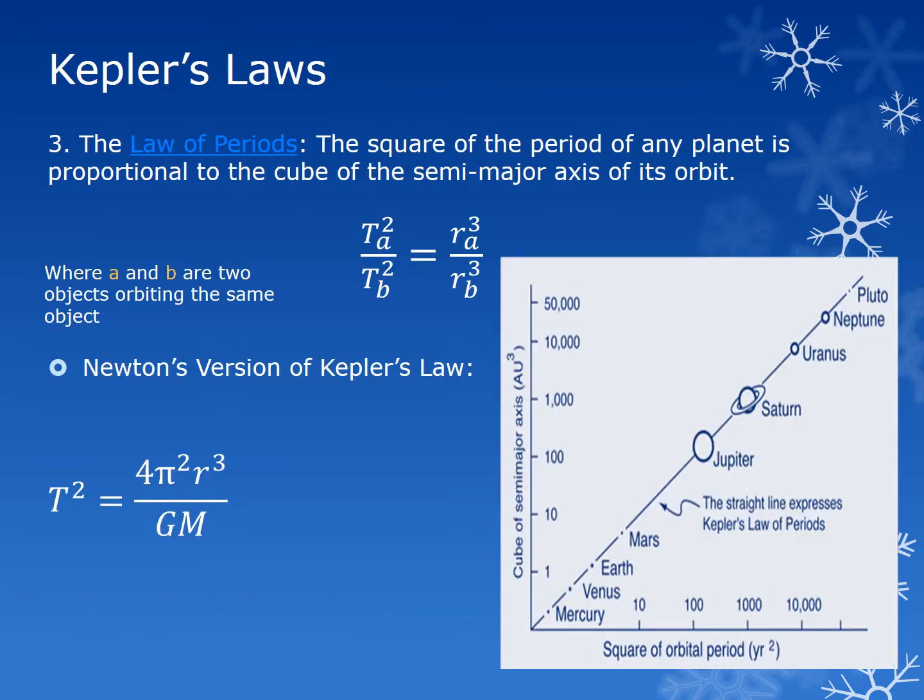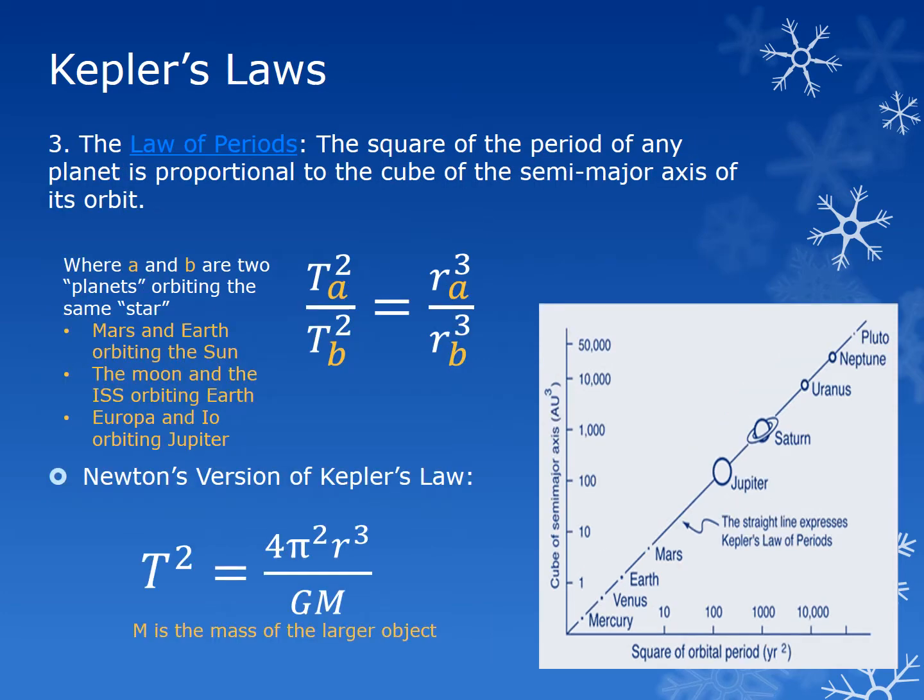Kepler's third law is the one that we can use for calculations, at least some easy calculations. It's called the law of periods.